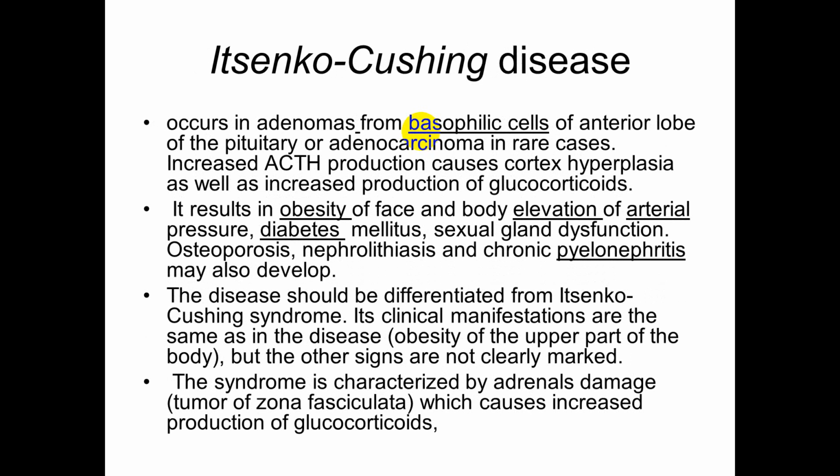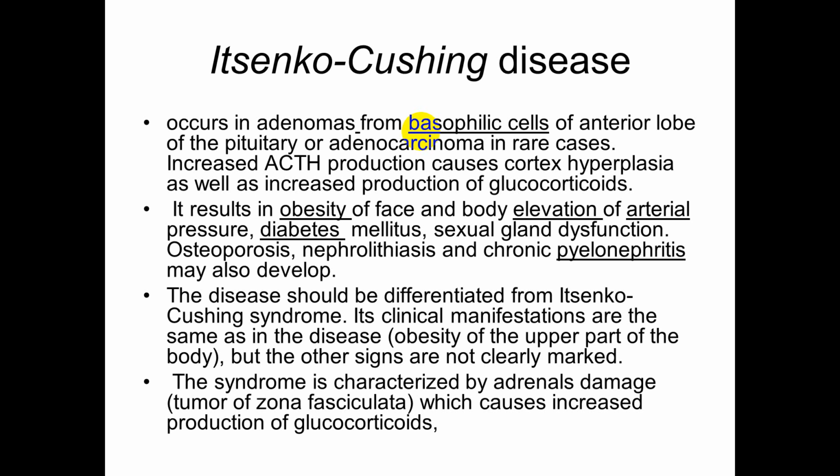It occurs in adenomas from basophilic cells of the anterior lobe of the pituitary or, in rare cases, adenocarcinoma. Increased adrenocorticotropic hormone production causes cortex hyperplasia as well as increased production of glucocorticoids. It results in obesity of the face and body, elevation of arterial pressure, diabetes mellitus, sexual gland dysfunction, osteoporosis, and nephrolithiasis and chronic pyelonephritis may also develop.